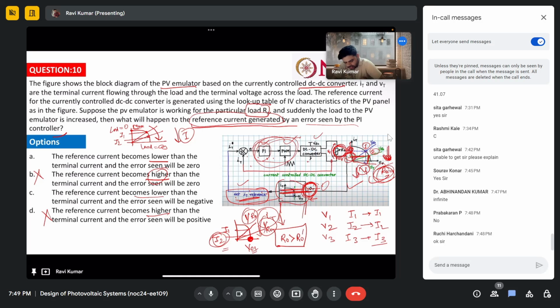Here you can see this is the IT which is coming from the circuit directly, and this is the reference IT, one in the positive and one in the negative. So it's like IT star minus IT, and if IT star is decreasing, will it be negative or positive?